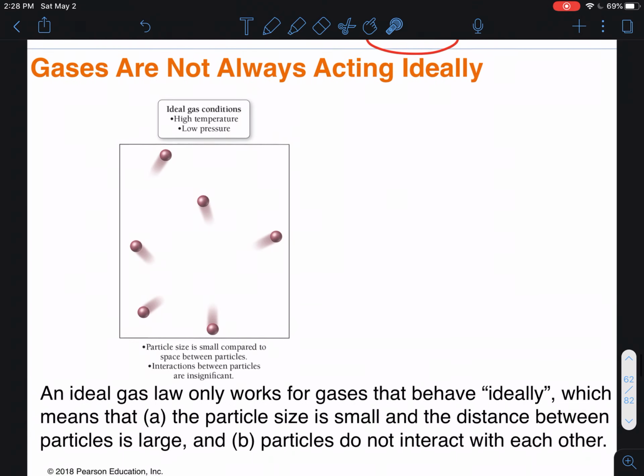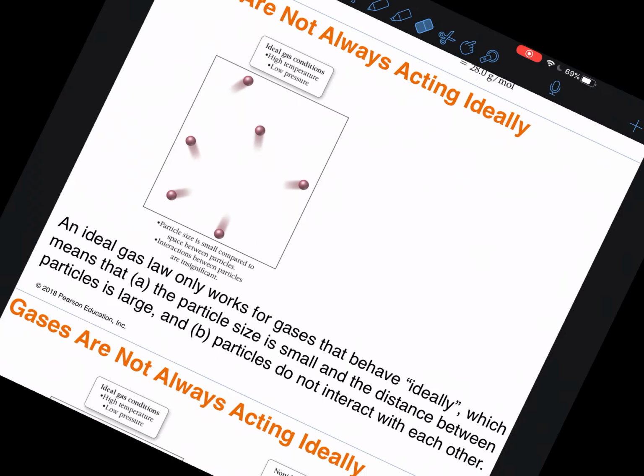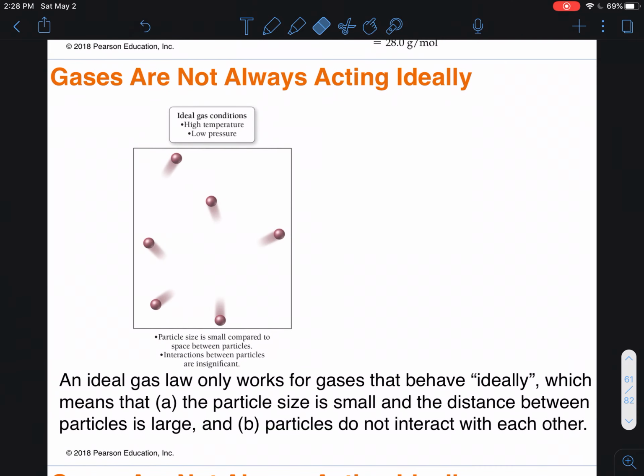So we talked about how we're using the ideal gas constant, right? And the ideal gas constant comes from all the gas laws, which comes from the molecular theory of gases. And remember I said at the very beginning of this lecture that we're going to focus on when that theory actually works and not really focus on the theory when it doesn't work.